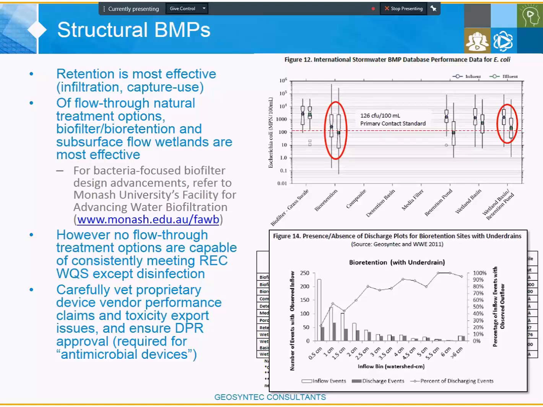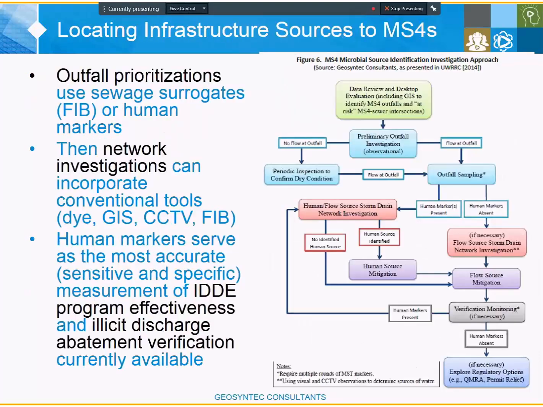Okay, now let's put aside the BMPs that are laid out in available guidance and talk a little bit about infrastructure sources of human waste. Within an MS4, we typically call this illicit discharge detection and elimination. Different permits, regions, and permittees view IDDE differently, but the sewage illicit discharge aspect of IDDE programs is what I'm specifically talking about here.